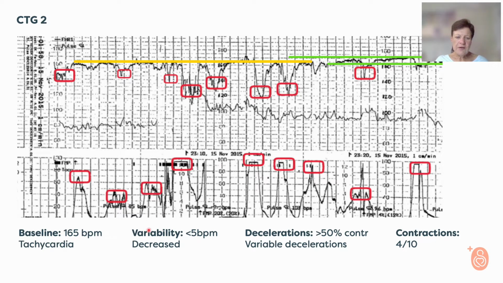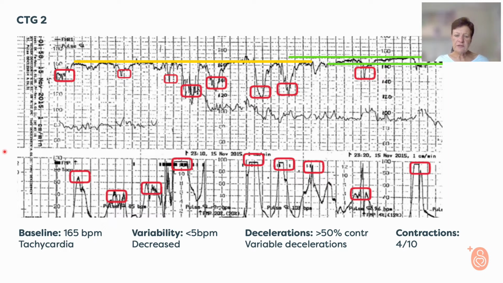Now, if we look at the contractions, we've said that the speed of this paper is more or less 1 centimeter per minute. So between the two rows of numbers is usually a 10 centimeter period. In this 10 centimeter period here we see 1, 2, 3, 4 contractions, and these 1, 2, 3, 4 contractions. So there are more or less 4 contractions in 10 minutes.